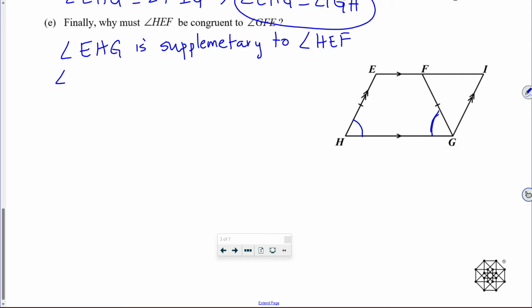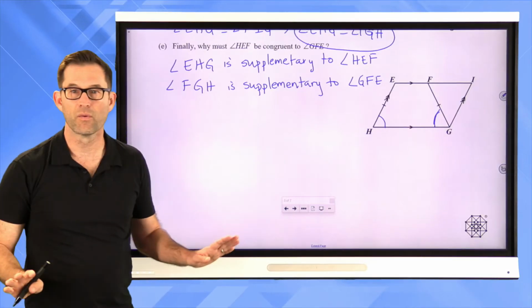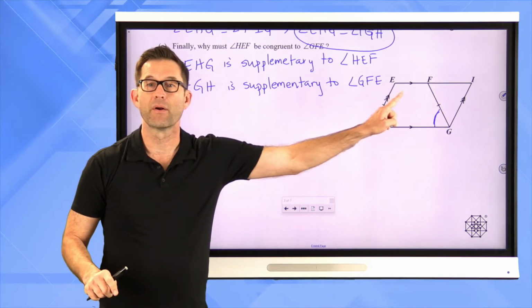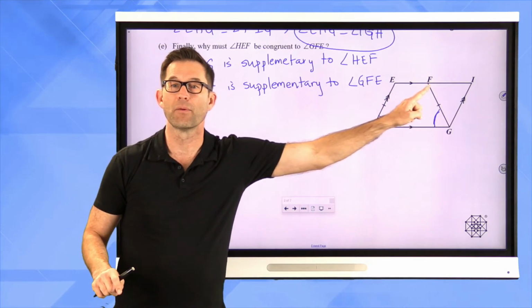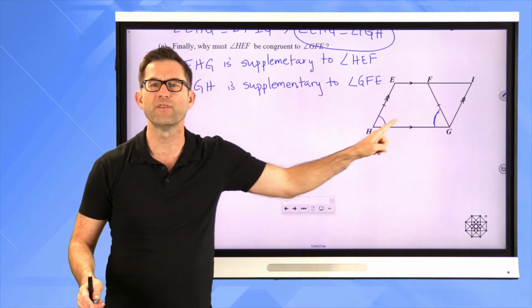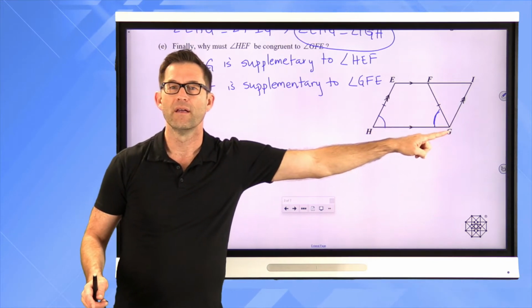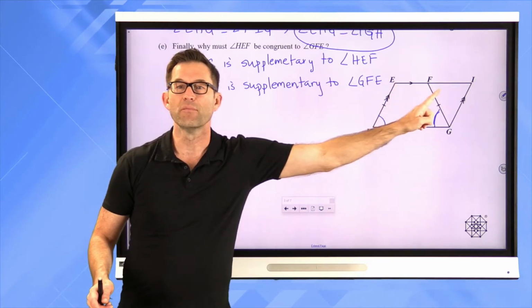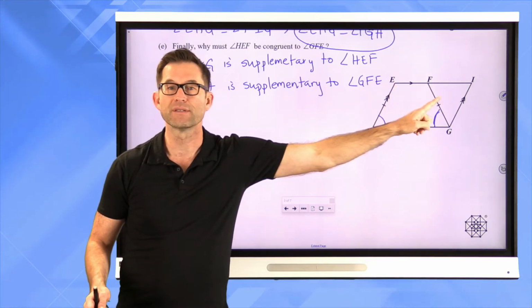And we know that angle FGH is supplementary to angle GFE, right? So this angle is supplementary to this one, that angle is supplementary to that one, and just think about it for a second. Let's say these things were both 50 degrees, right? Then both of these would have to be 130 degrees, right?